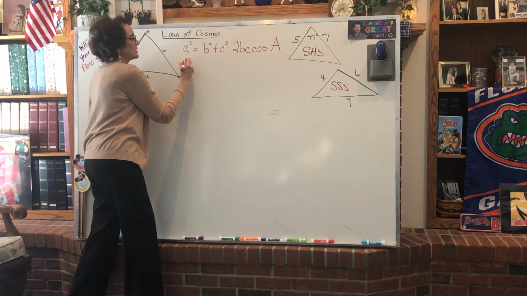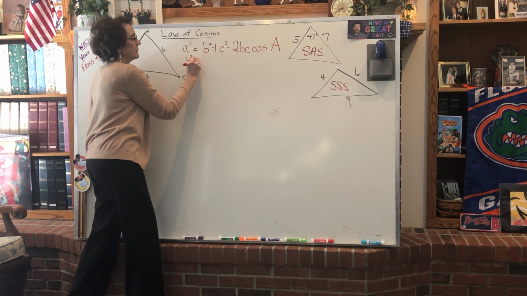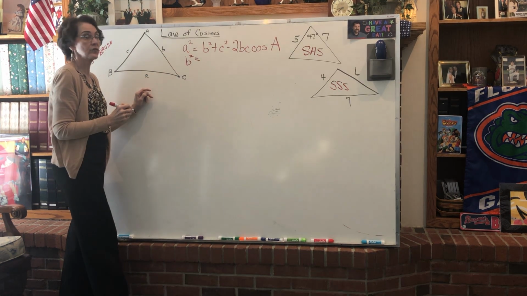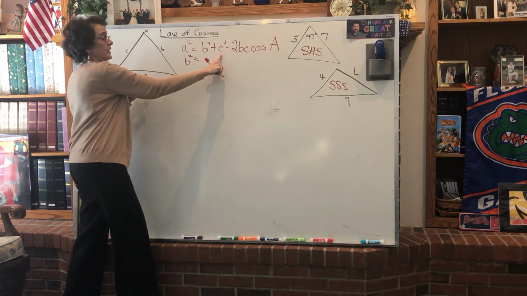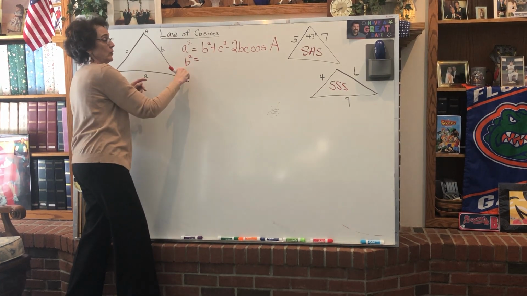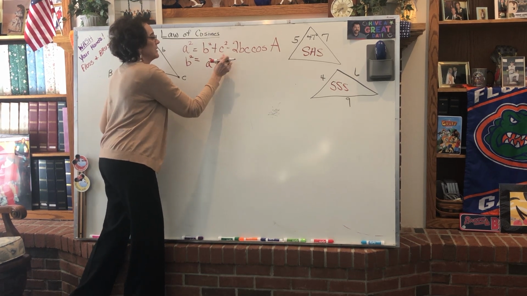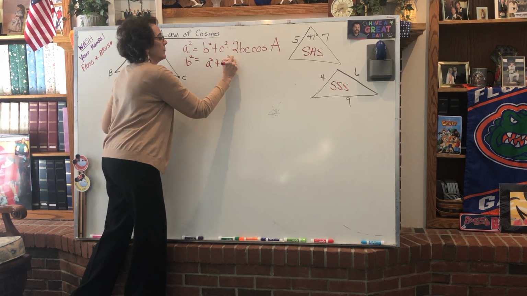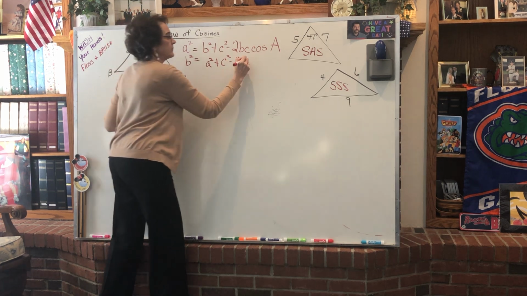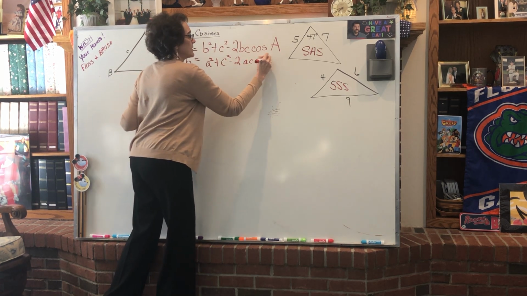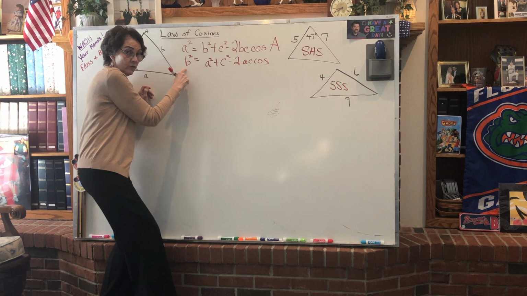So if we wanted to find side B, we're going to have to use A squared plus C squared, the two that you don't have here. So A squared plus C squared minus 2AC cosine, what angle are you looking for here?